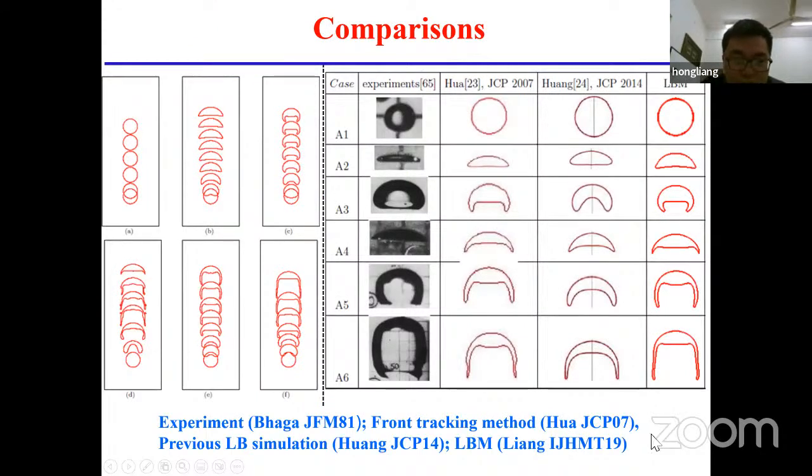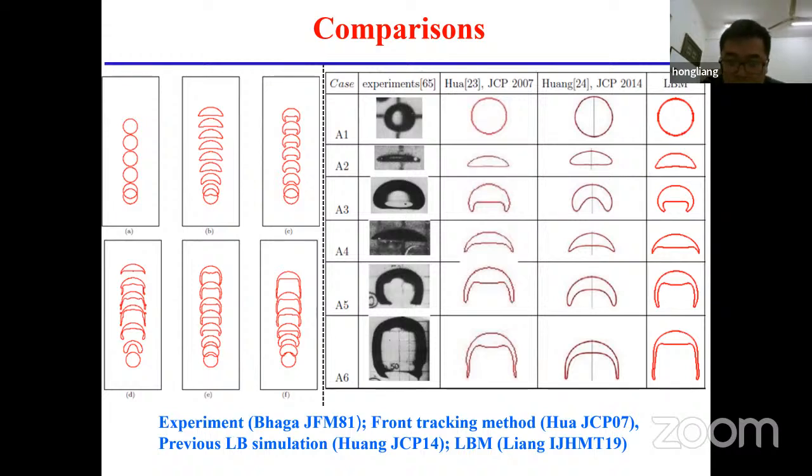Under this case and these simulation conditions, we can find that the bubble can reach a steady shape. We capture the steady shape of the bubble and compare with the previous results, including the experiment, the front tracking method, and also the previous LB simulations.